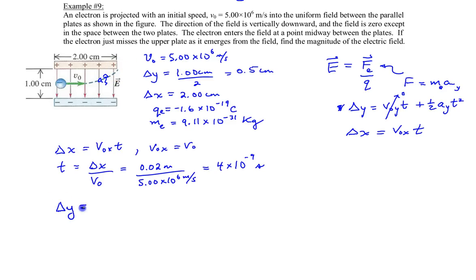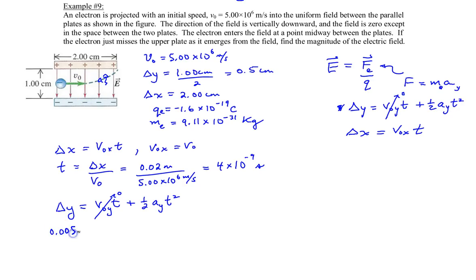Delta y equals v0y t plus 1/2 a_y t squared. The initial vertical velocity is 0 because it's coming in horizontally at the beginning. And our vertical displacement is half of 1 centimeter, which is 0.5 centimeters.